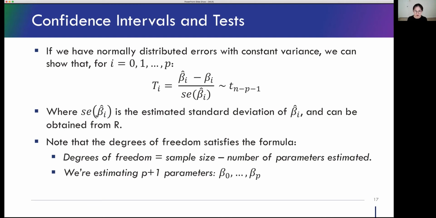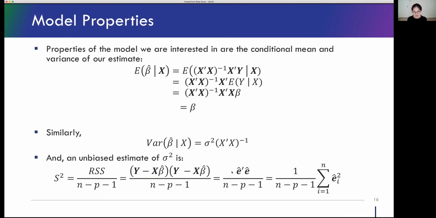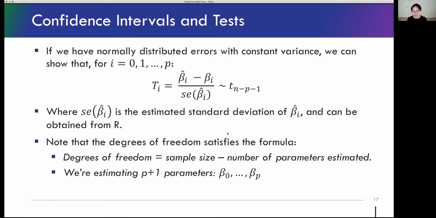The standard error of beta hat is the estimated standard deviation of beta hat. Here I show you the formulation for that: the standard deviation is the square root of this, and we estimate sigma square by this s square. And we can basically get that from R.